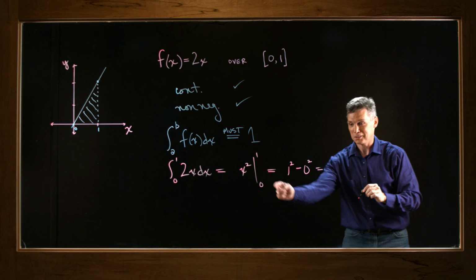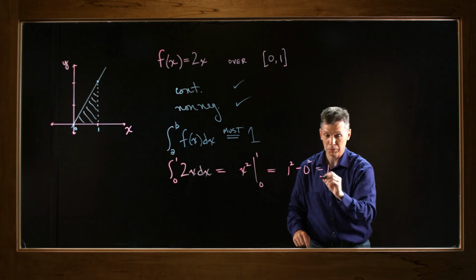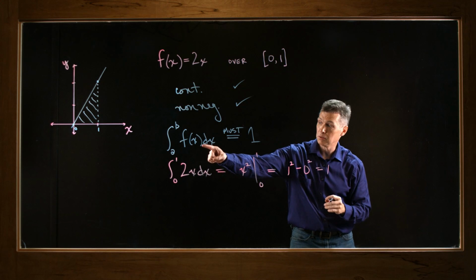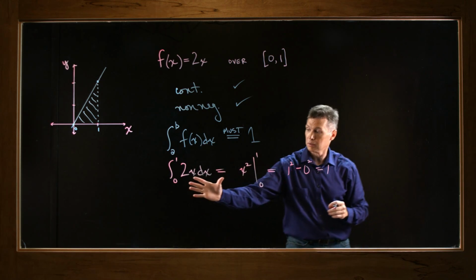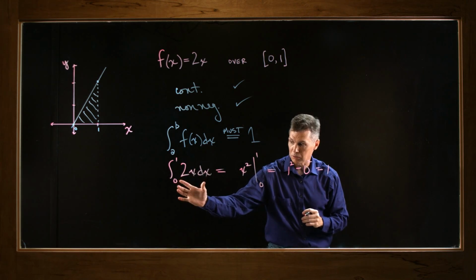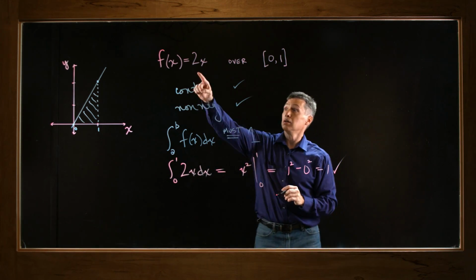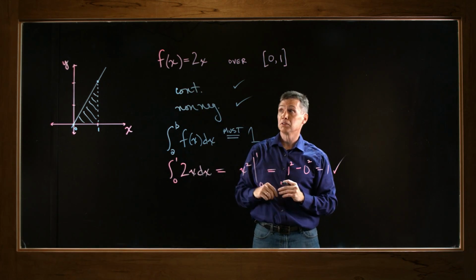The arithmetic's not too bad in this one: 1 squared, take away 0, well, that's 1. So what we needed was the integral to equal 1, and our integral does equal 1.